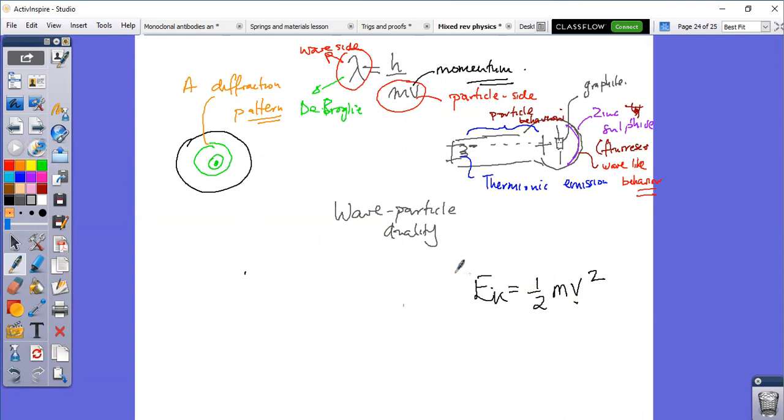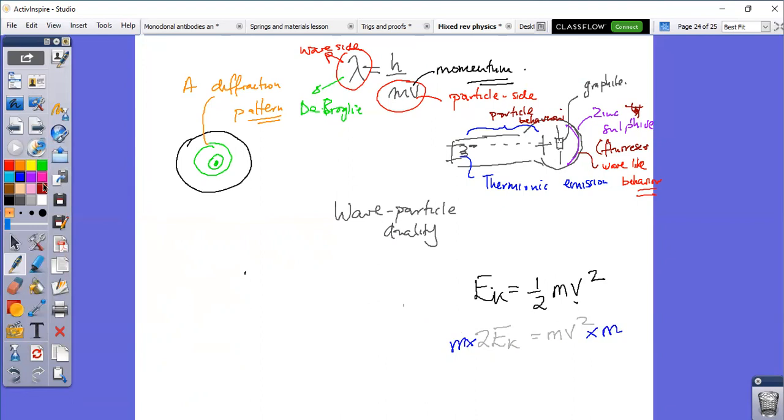Excellent, excellent. Yeah. So if I manipulate this, I get that 2Ek equals mv squared. But hang on, I'm nearly there. But I want mv, I don't want mv squared. So what could I do? I could do a bit of a maths trick, times both sides by m, because that still means the equation is unchanged. I've times by the same thing.